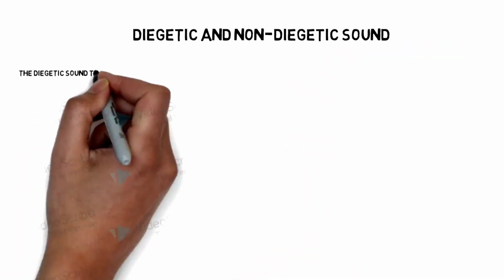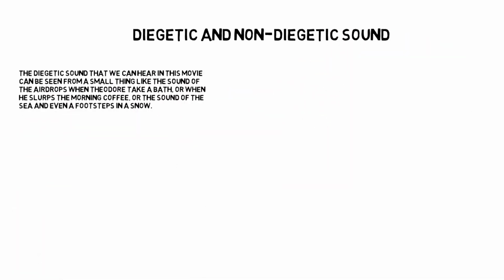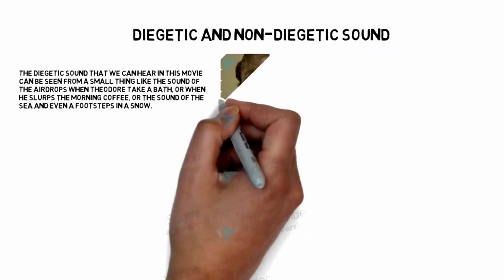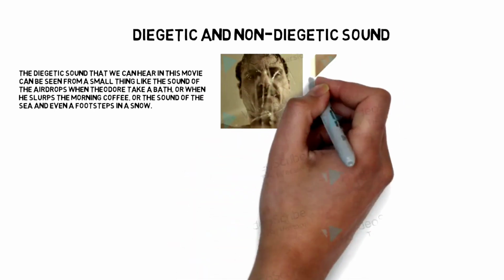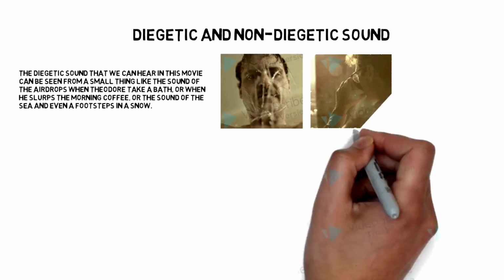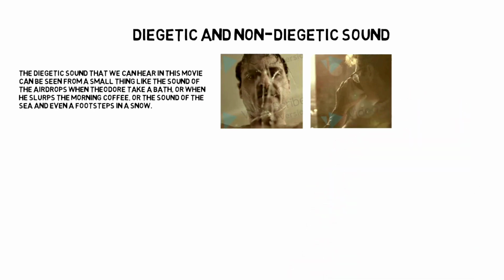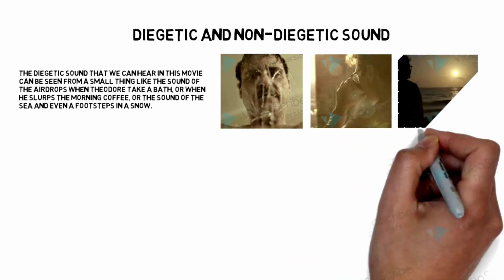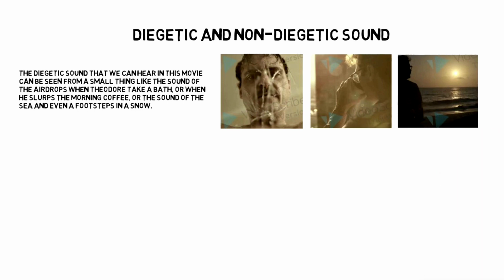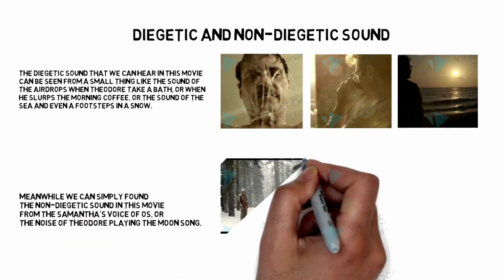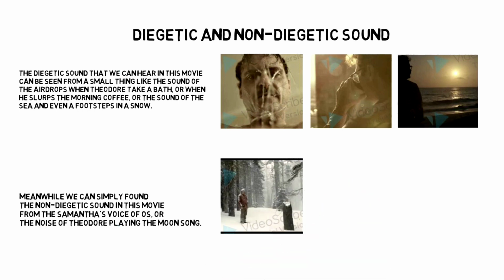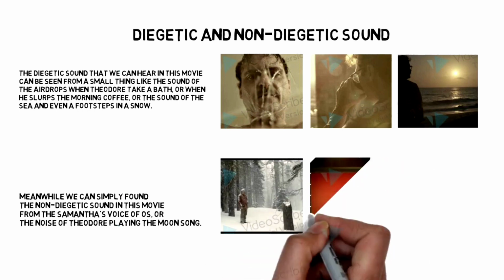The diegetic sound that we can hear in Her, the 2013 movie, can be seen from small things like the sound of the air bubbles when Theodore takes a bath, or when he slurps his morning coffee, or the sound of the sea and even Theodore's footsteps in the snow.